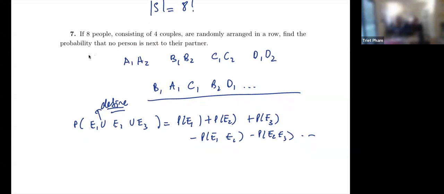So the event here is similar to the hat problem, where you let E_I be the event that couple I stays with each other. And so then in the language of the problem, what probability are we looking at? If we let E_I be the event that couple I stays with each other, what probability are we looking at?